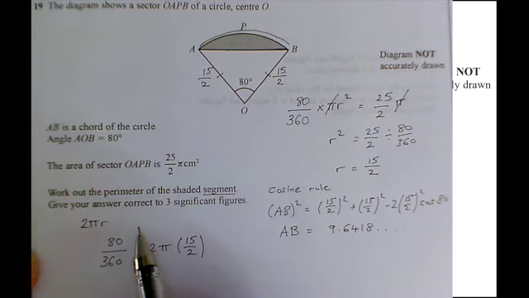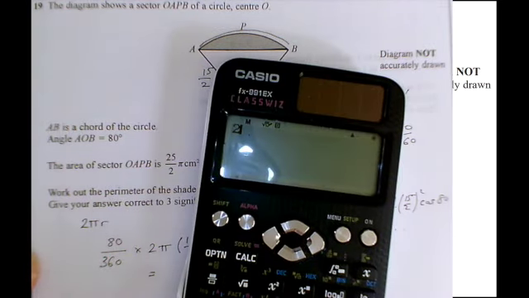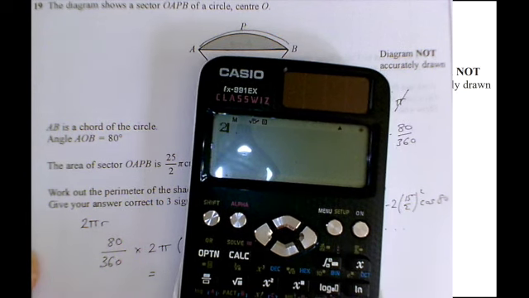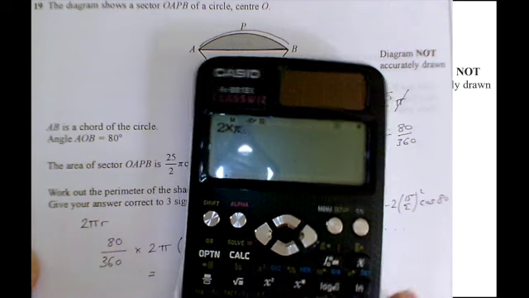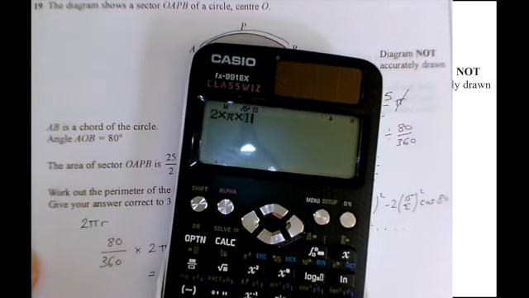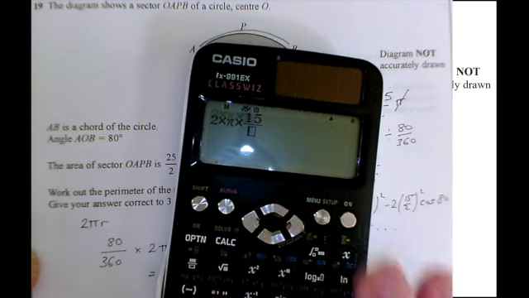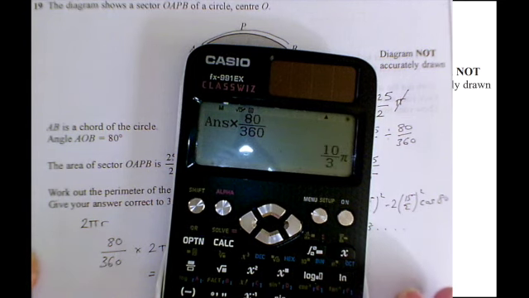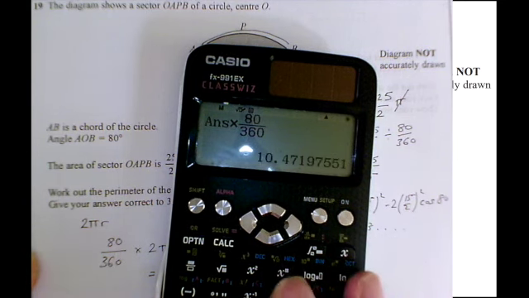So again, use my calculator and add this answer to my previous answer, and it should give me the overall length of the perimeter around the segment. Okay, 10.4, good. It is longer than the other bits, so that's good. So that makes you feel a bit more confident.